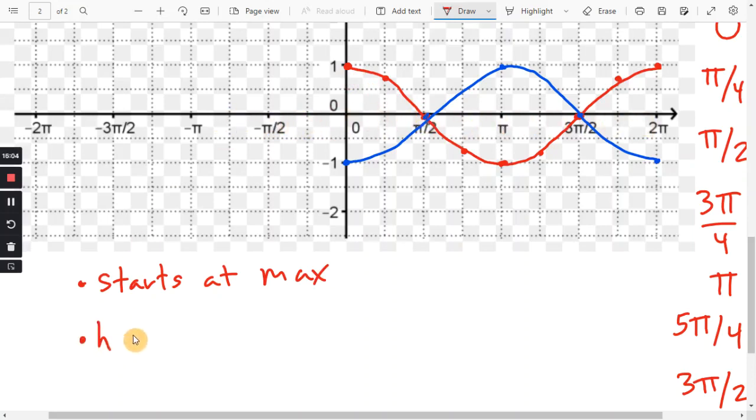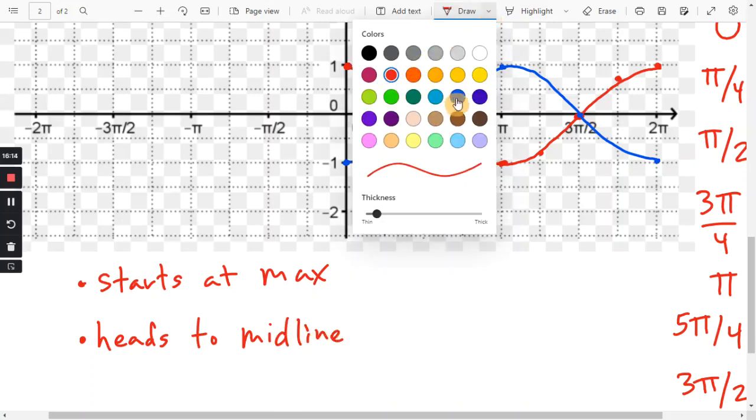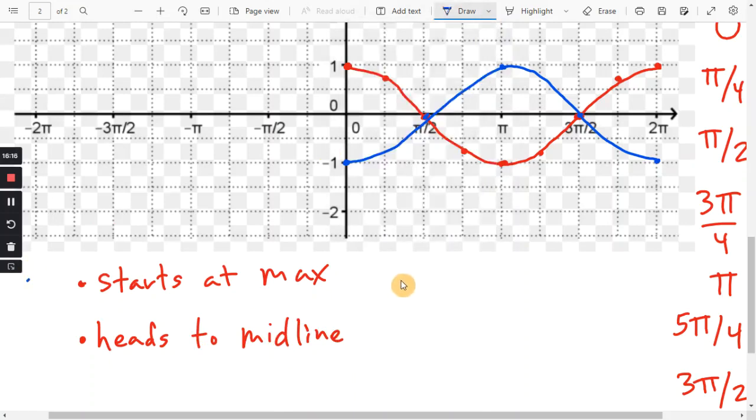So it heads to the midline. All right, and for negative cosine of x, notice it starts at a minimum. And then after that, it heads to the midline.